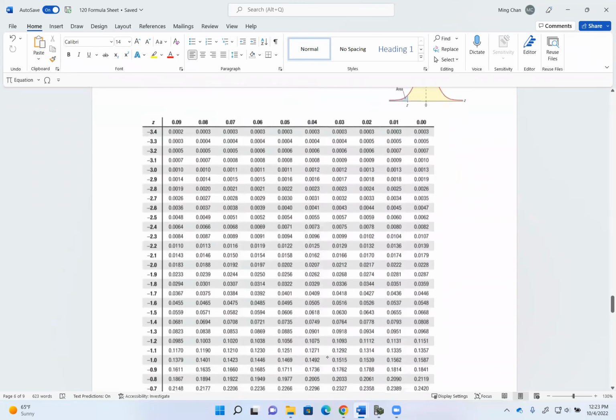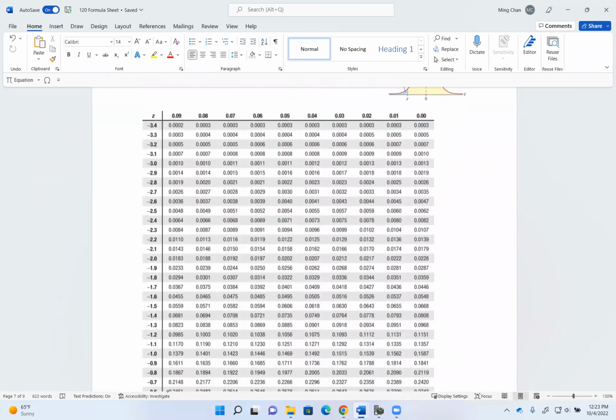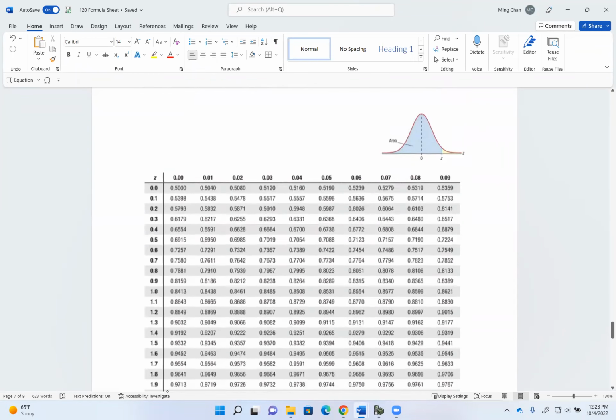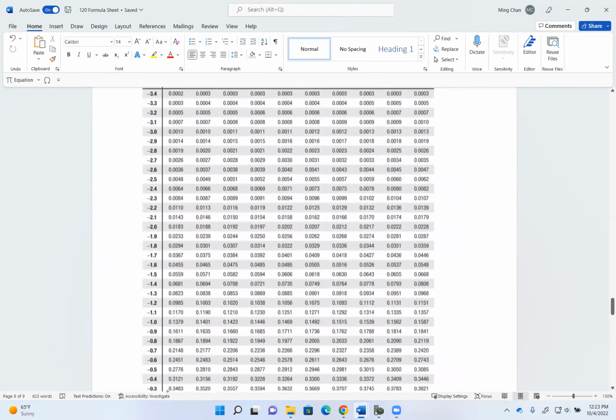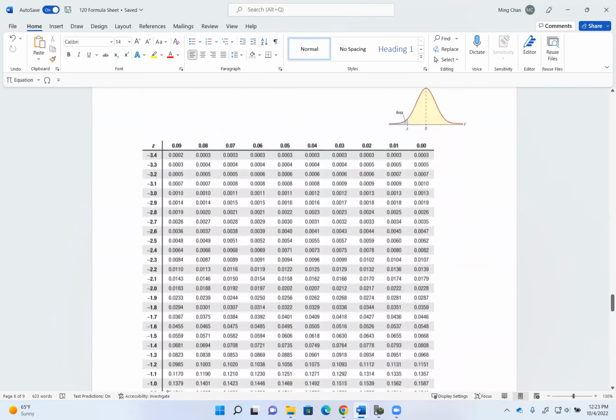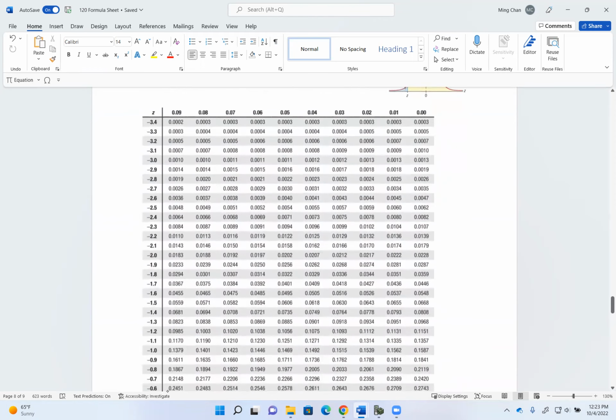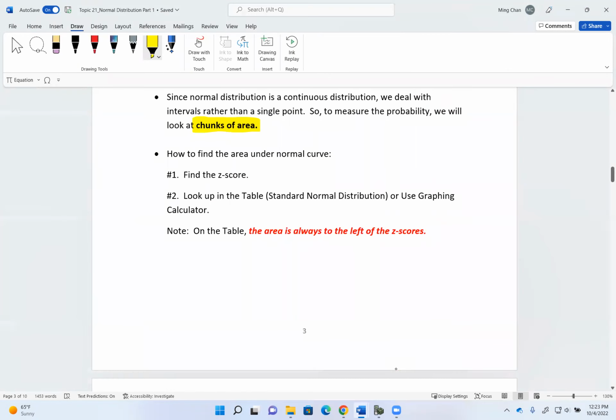One page is all the negative z-scores, and the following page is all the positive z-scores. So I can look up my area under the curve, which we call probability, using the table, or we can use a graphing calculator.